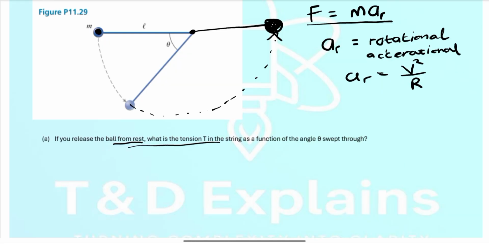You can see in our formula for rotational acceleration we have velocity. We're going to have to find velocity before we can find rotational acceleration.